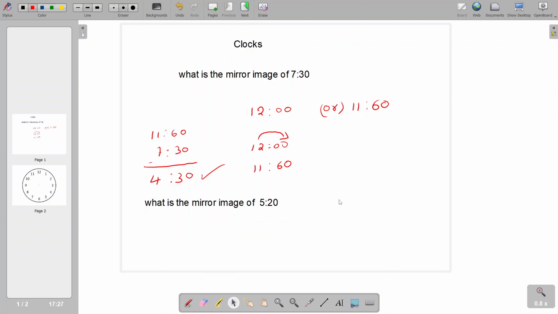For example, we can take 12 or 11:60, either we can take. If I take 12, I will explain.